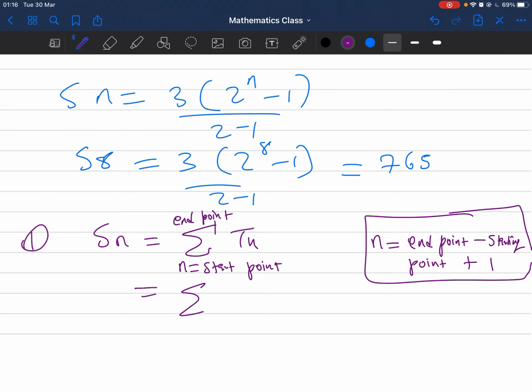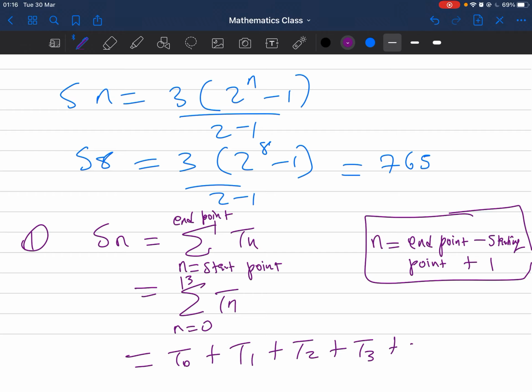So we discovered that if you have your starting point as, I don't know, 0, and your end point is 3, your starting point is 0, and increment by 1, increment by 1, increment by 1, right? So 0 plus 1 plus 2 plus 3, your end point is 3, so it ends there.